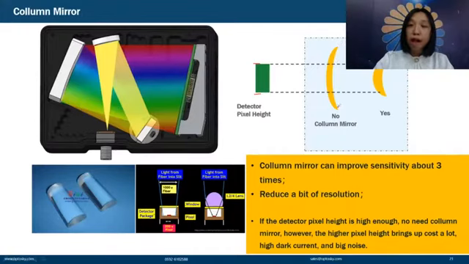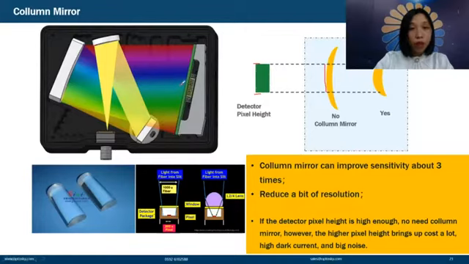It is long and thin, so only part of it can be absorbed by the detector. Other energy is lost. If we use the cylindrical mirror, we can compress this long crescent moon to a bigger and shorter one. So 80 to 90% of the energy can be absorbed by the detector.